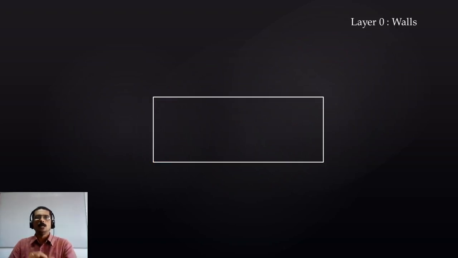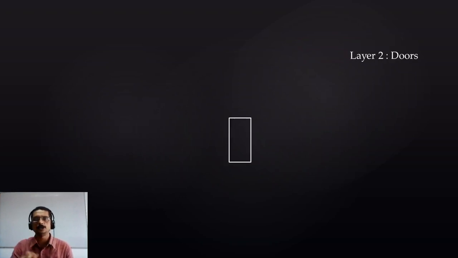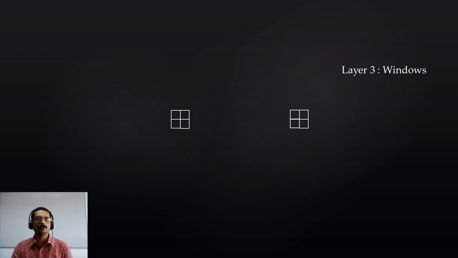Now as far as this drawing is concerned, I'm preparing 4 different layers. My first layer, or layer 0, is for walls, so I'll be drawing only the walls in this particular layer. Then in the next layer, I'll be drawing only the roof in the appropriate position. Then in layer 2, I'll be drawing only doors, and in layer 3, all the windows.